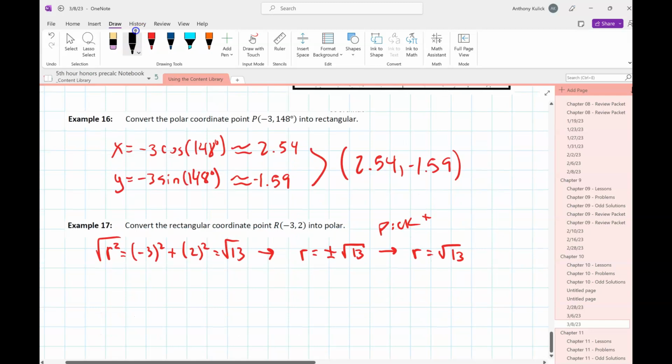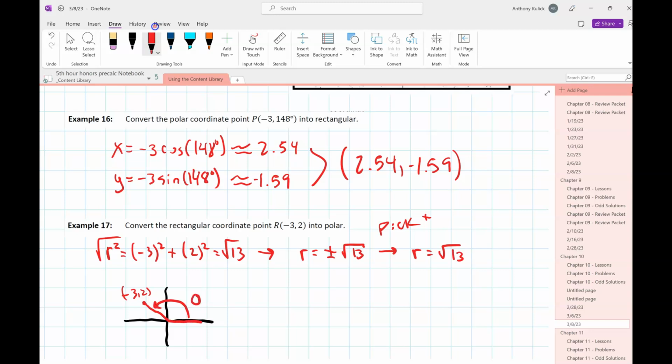Now, I'm going to draw myself a little picture here to remind myself what's going on. So negative 3, 2 is over here, right? We're looking for that angle. So this looks like a first semester trig problem, doesn't it?